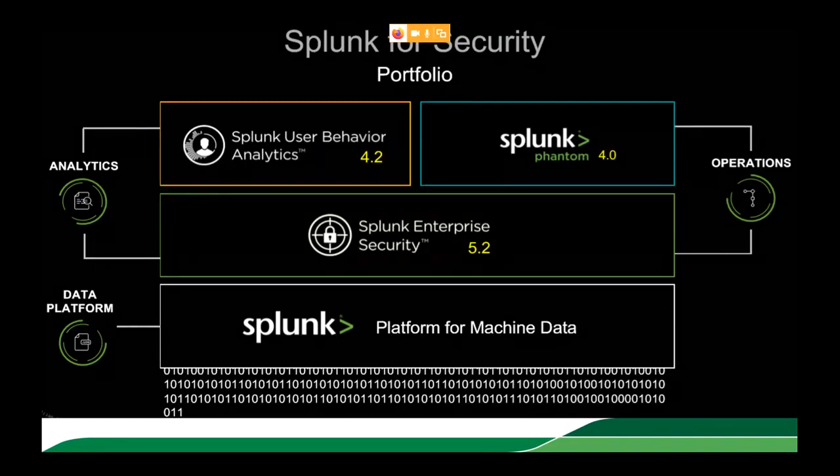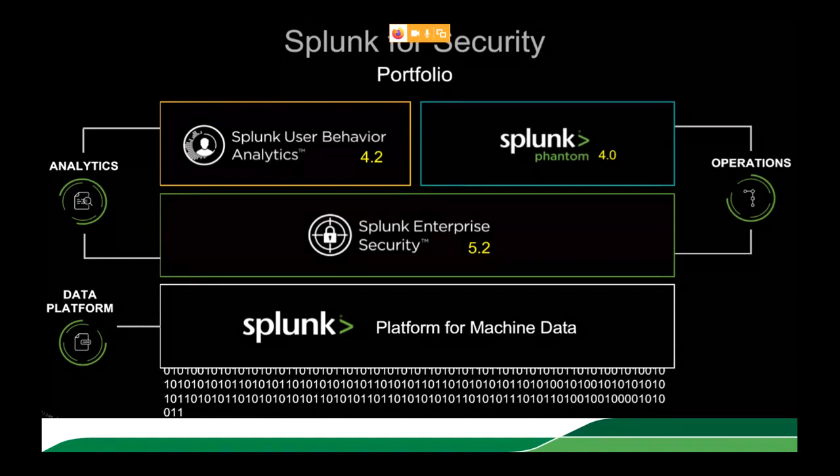Here is the portfolio I want to start with. Splunk Enterprise Security sits in the middle, on the core platform, the machine data platform, and mainly on the search side, where it will check the deployment requirements of Splunk Enterprise Security as well.